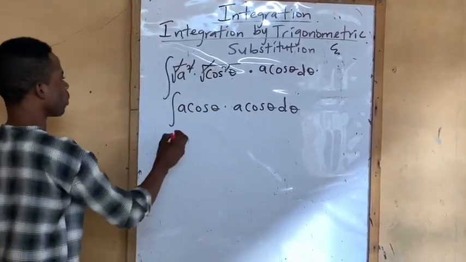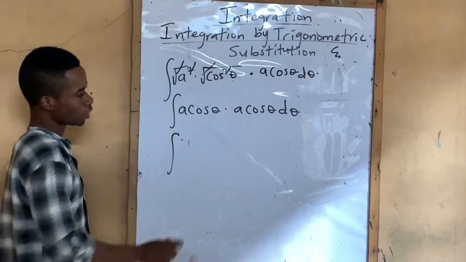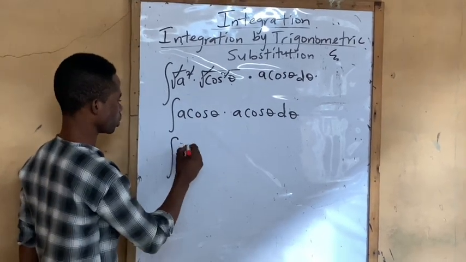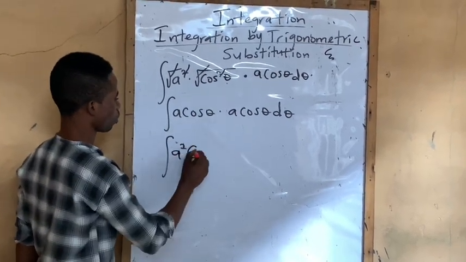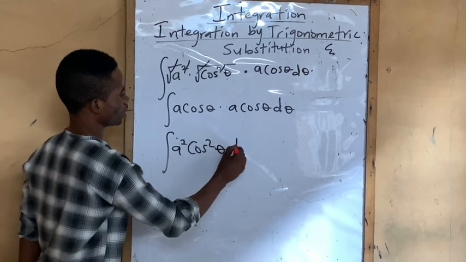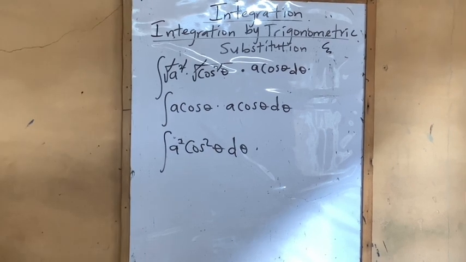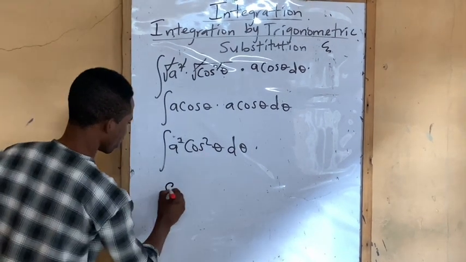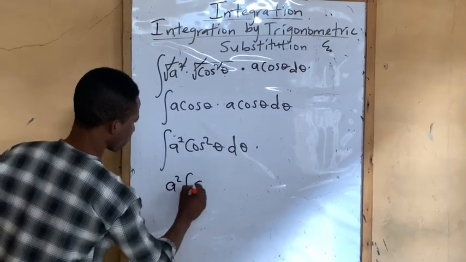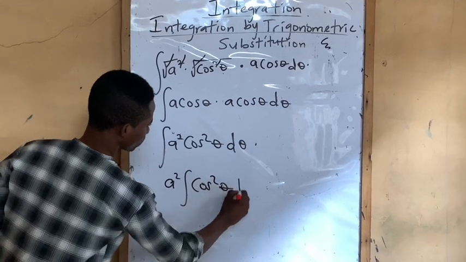When you multiply these two together, that will be a times a squared cos square theta d theta. Now I can rewrite it and say a squared integral of cos square theta d theta.